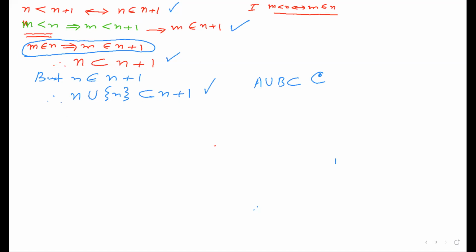This set will in fact be equal to this set if we can prove that both of them have the same number of elements. How many elements has n got? N elements. That's one of our assumptions. N as a set has n elements.